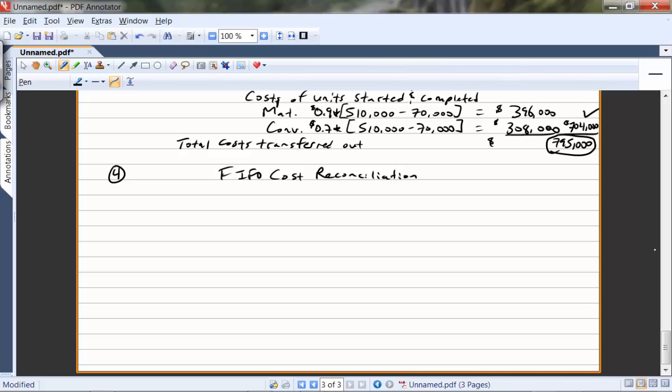All right, first we have the costs that we need to account for. And those would be the beginning costs and the costs that were added.